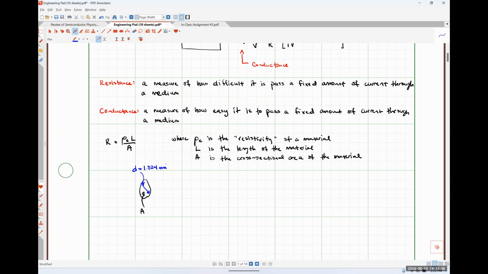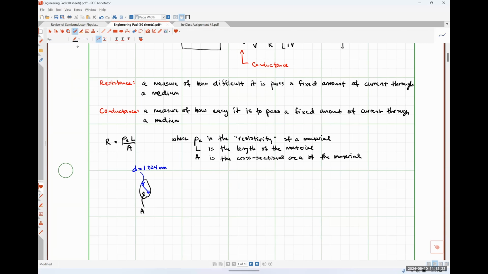This would correspond to AWG, or American wire gauge number 18 wire, which is very similar to the wire that you guys used to connect things in your circuits in your engineering 120 series class.